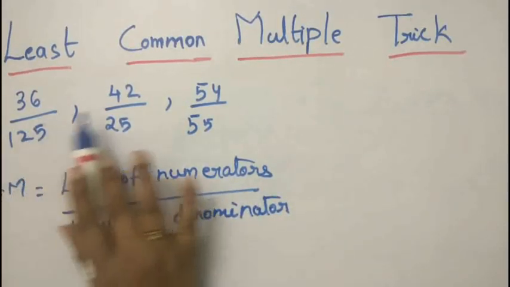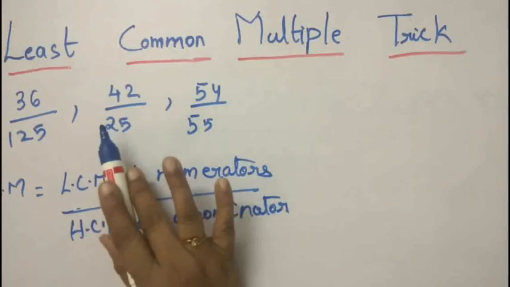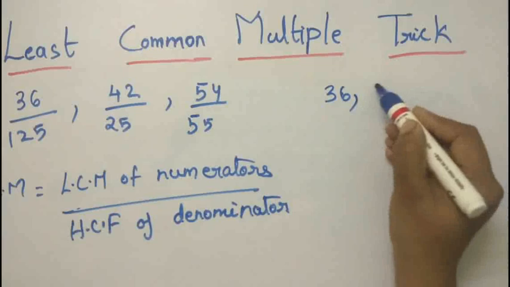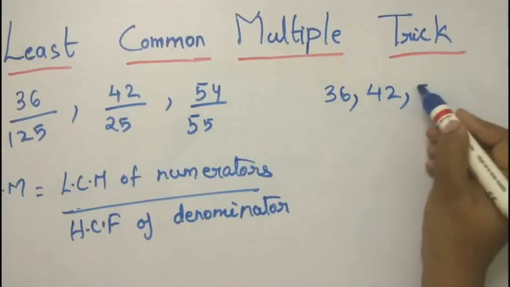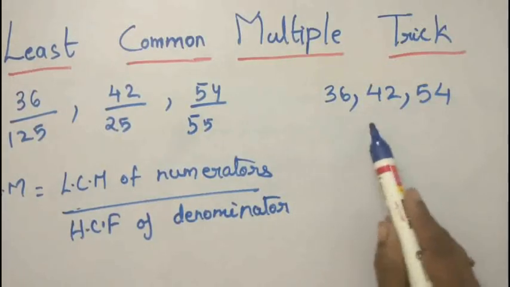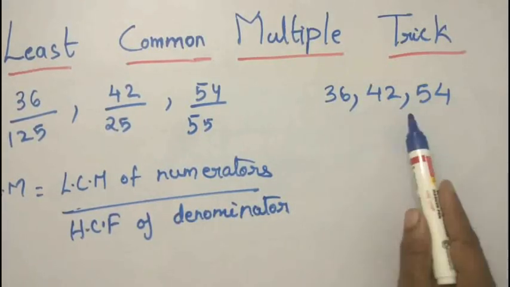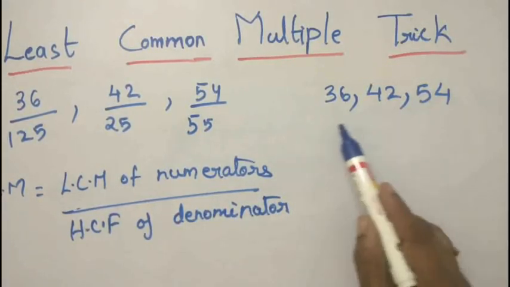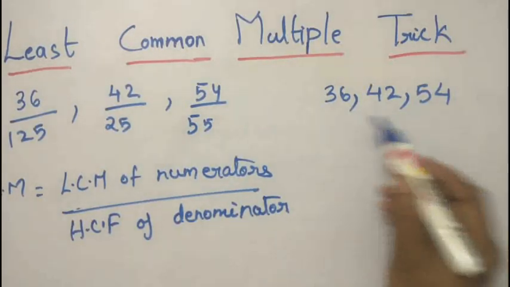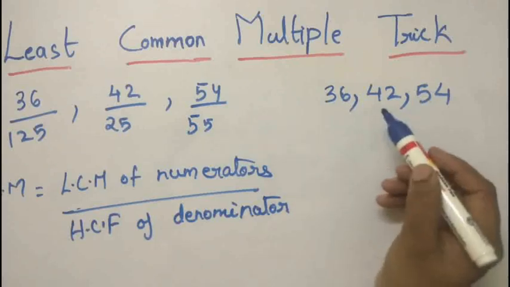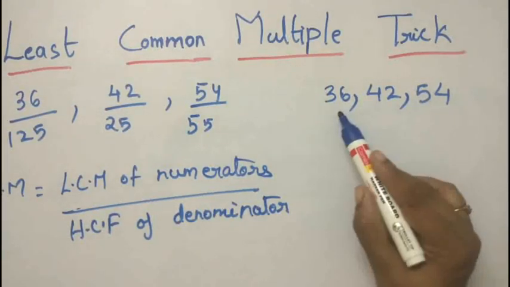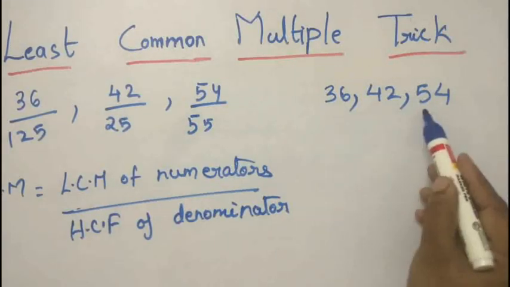So first you take the numbers of numerators, that is 36, 42, 54. Arrange them in the ascending order. If you observe, these are in the ascending order, is it not? Now find the LCM of these numbers. First we have to check whether this is a factor of any of these two numbers. This is not a factor of any of these two numbers.